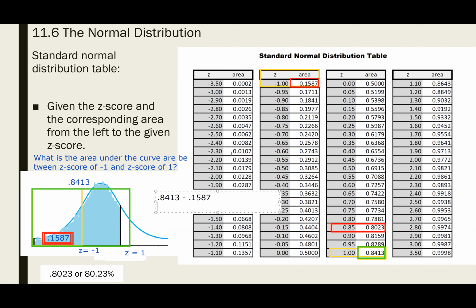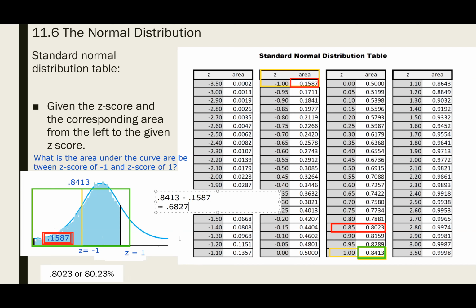If you type this in your calculator, do you agree that it will give you 0.6827? And this, ladies and gentlemen, 0.6827 is the exact value.